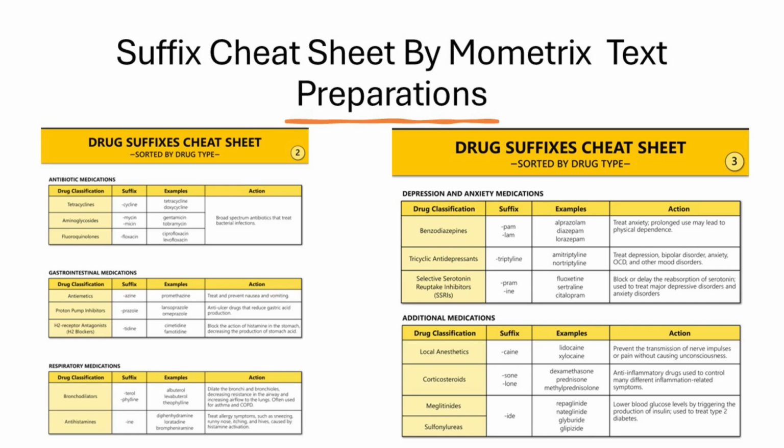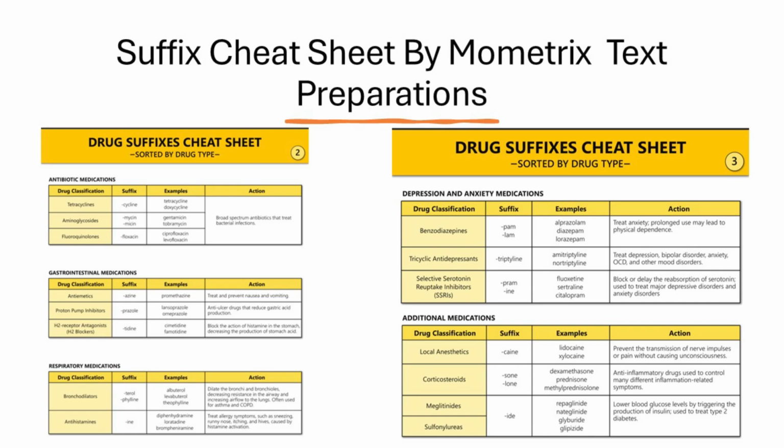Okay, these are the serotonin reuptake inhibitors. I think I just said that if you have depression, you have too much serotonin. I misspoke there. You lack serotonin. So most of these meds end in pram or ine, okay? These are your depression and anxiety medications.